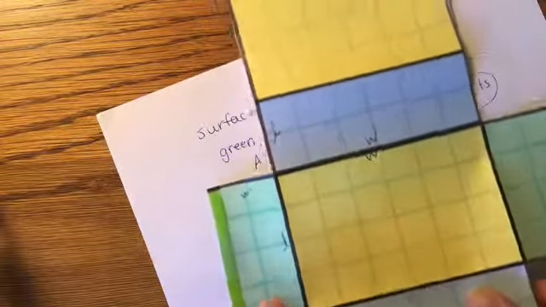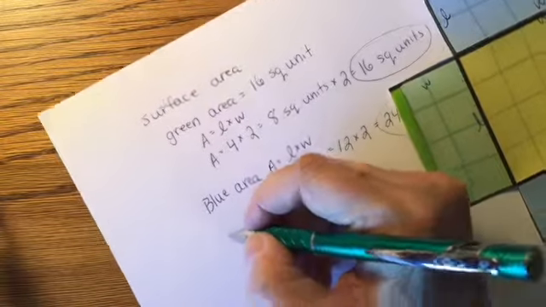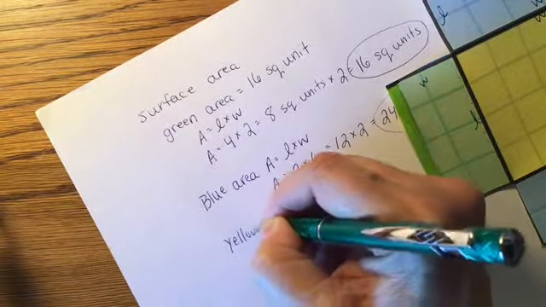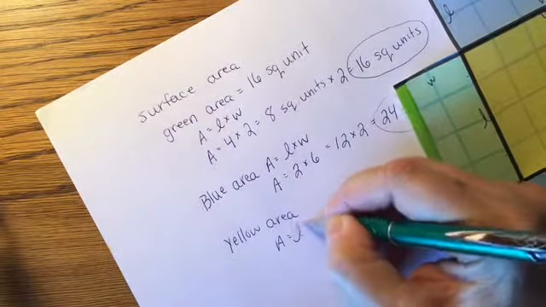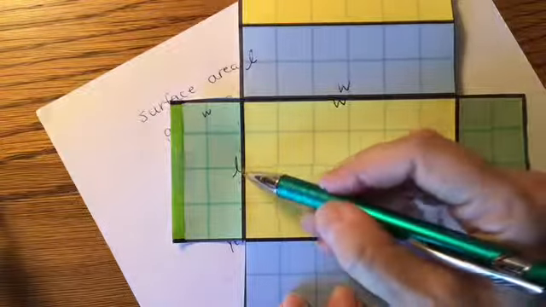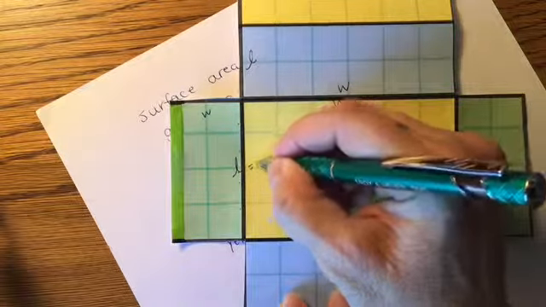And then my last one, I need to do my 2 yellows. So my yellow area equals length times width. Let's take a look at what we identified. Here's my length, 1, 2, 3, 4.